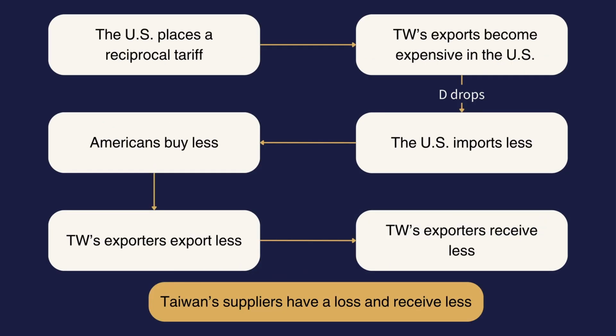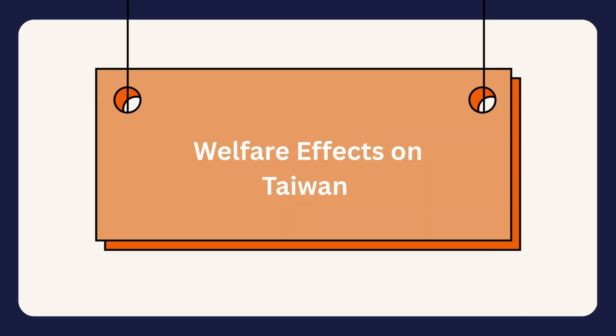When the U.S. imposes a reciprocal tariff, the price of Taiwanese goods in the U.S. market increases because U.S. demand for Taiwanese exports falls. The price that Taiwanese exporters effectively receive decreases. As a result, Taiwanese producers export less and earn less revenue.